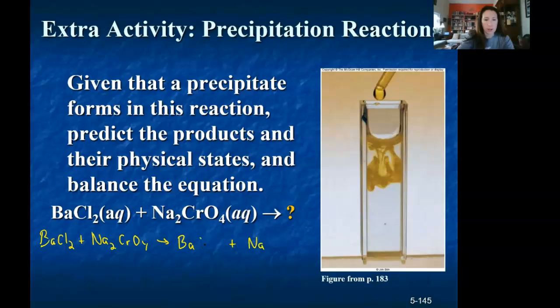So our chromate and our Cl. And then we have to look at our solubility table to figure out which one is the solid. When we look at our solubility table, this one is our solid.